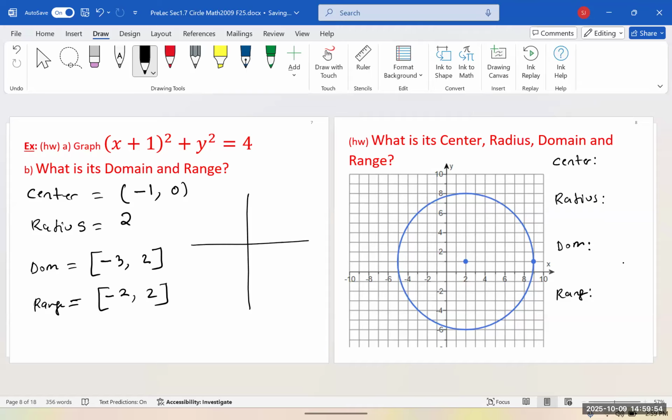Now let's see. -1, 0. So here. -1, 0 is here. And if you go 2 units, so 1, 2, which is +2, 1, 2, -2, correct. 1, 2, which is -3, and then 1, 2, which is... so your domain is wrong.